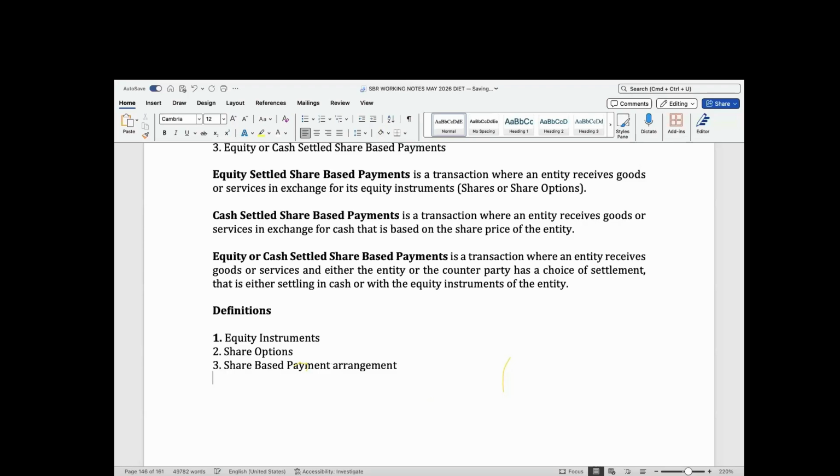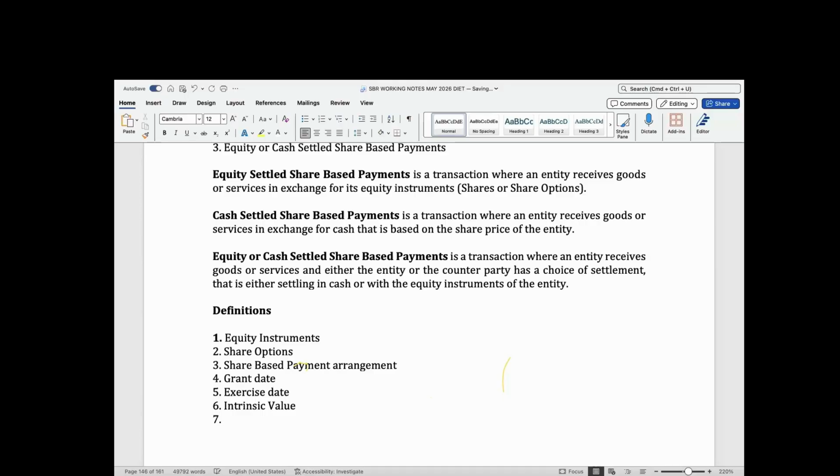Number four, we need to take care of what we call grant dates. Number five, we need to identify what we call exercise dates. Number six, intrinsic value.